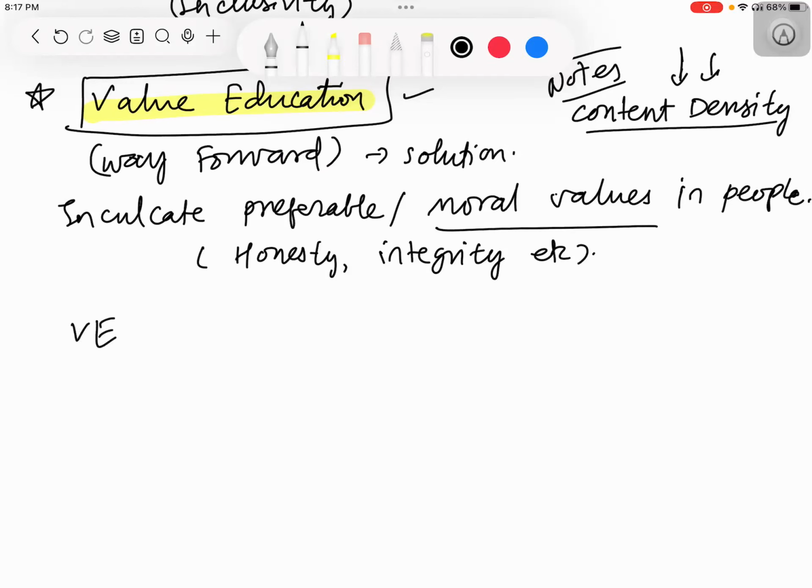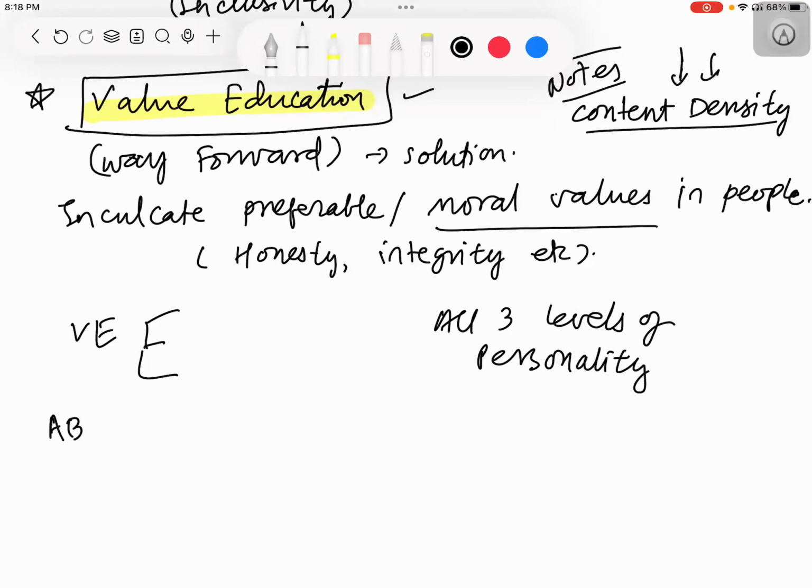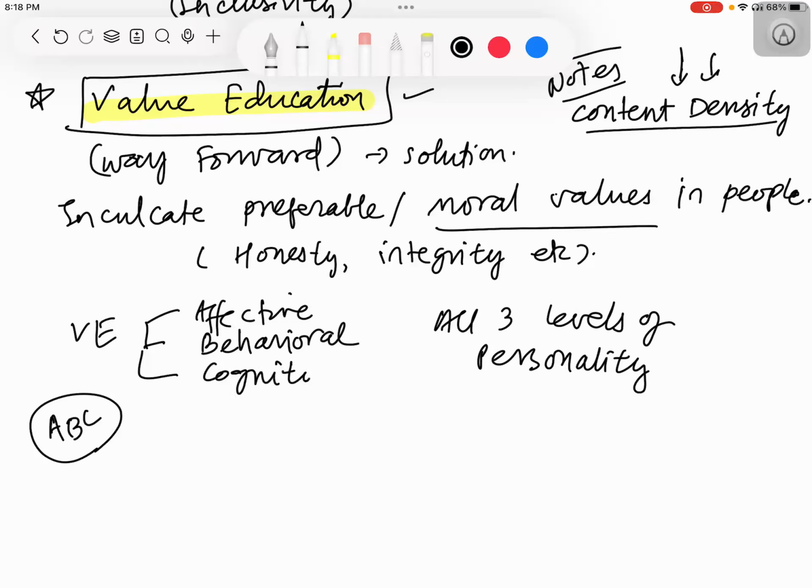Now, if you understand, value education will impact the person at all three levels of personality, and these three levels are known as ABC. It is the ABC of psychology: affective, behavioral and cognitive. Affective means feeling, right?